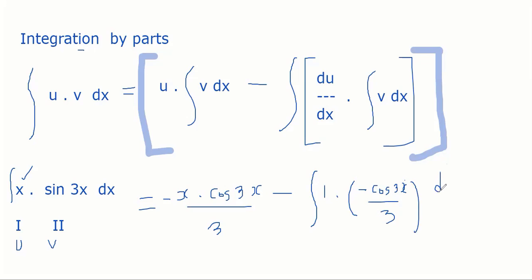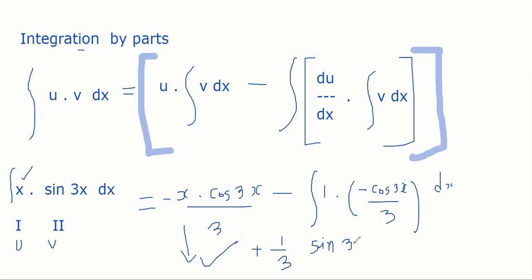dx. And this part is okay, so I'll write this part as it is. Minus and minus becomes plus. Integration of cos 3x, 1 by 3 is out. Integration of cos 3x we know very easily: it is sin 3x by 3.